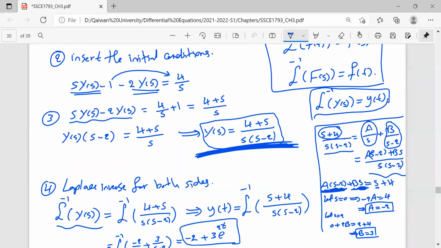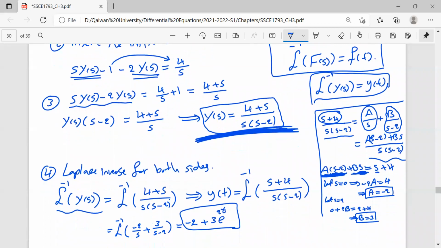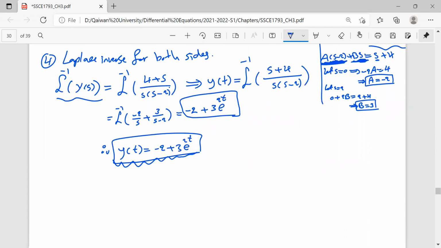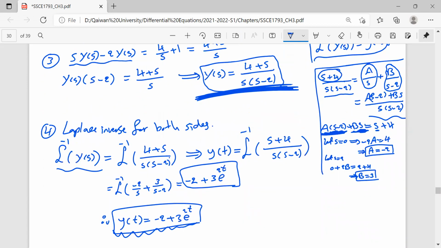For the left-hand side, we have only y of s, and its Laplace inverse is y of t. Then we take the Laplace inverse for the right-hand side, which is a function of s. Here we use partial fractions for finding the Laplace inverse, and you get the result. So this is the solution for the differential equation. Do you have any questions?